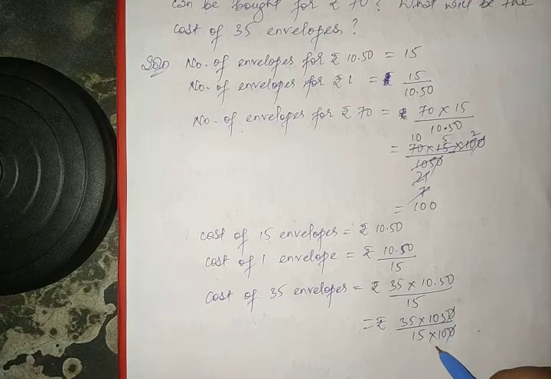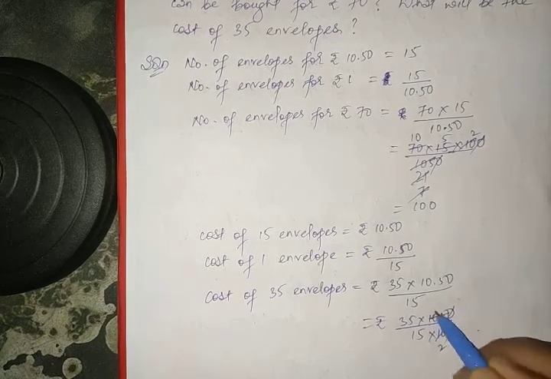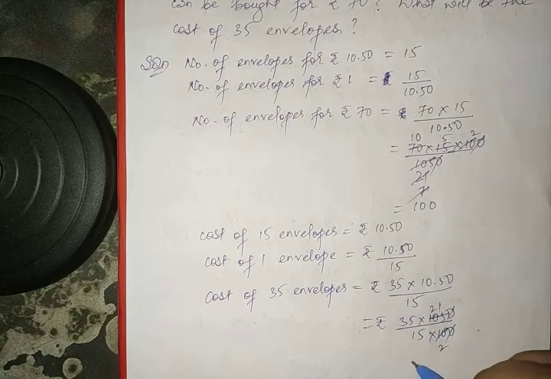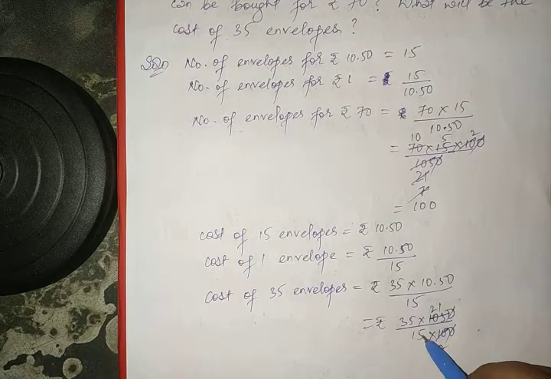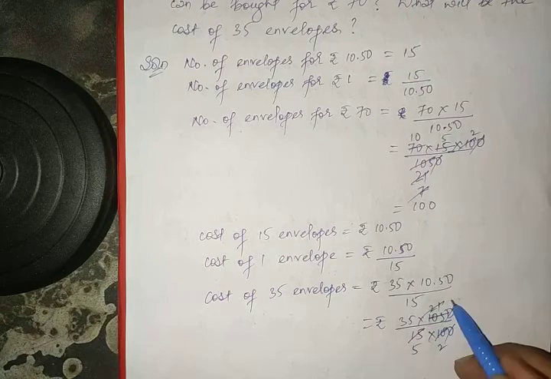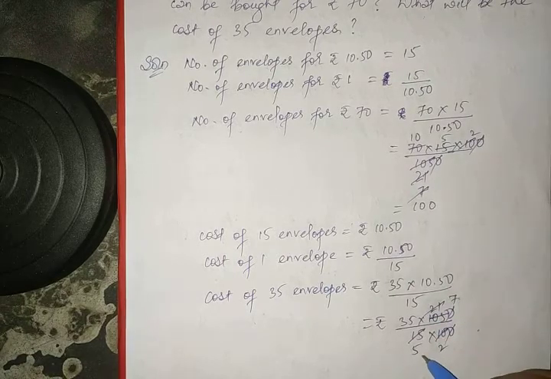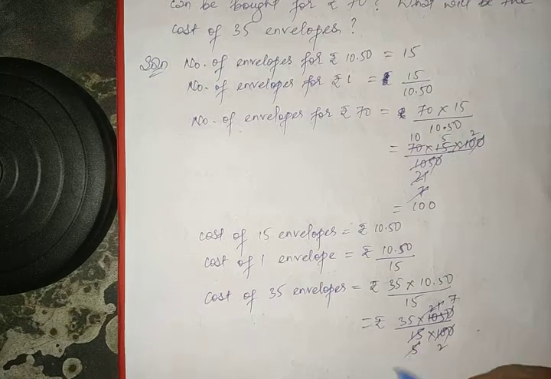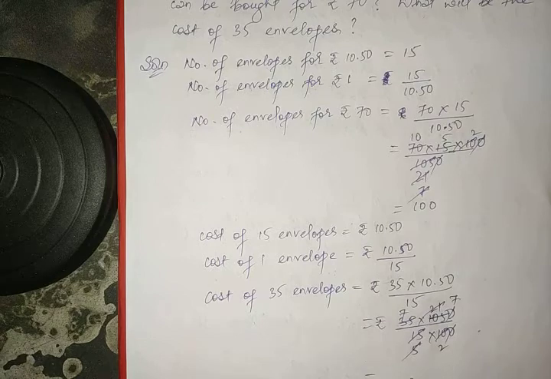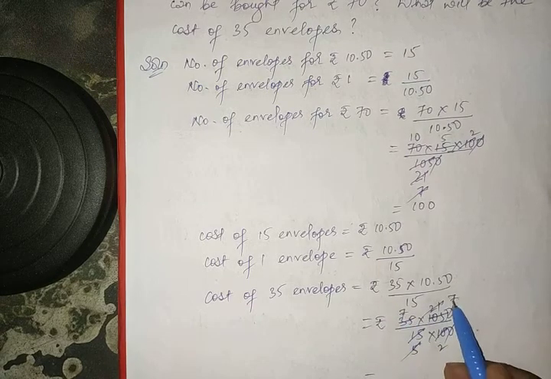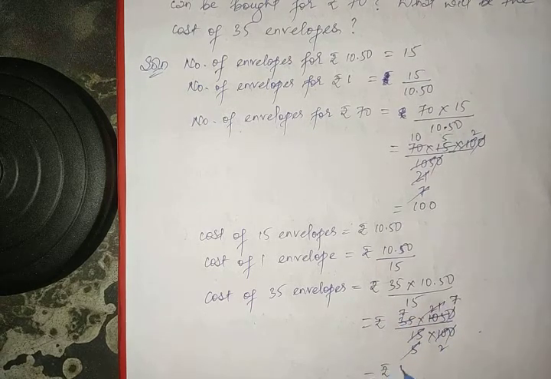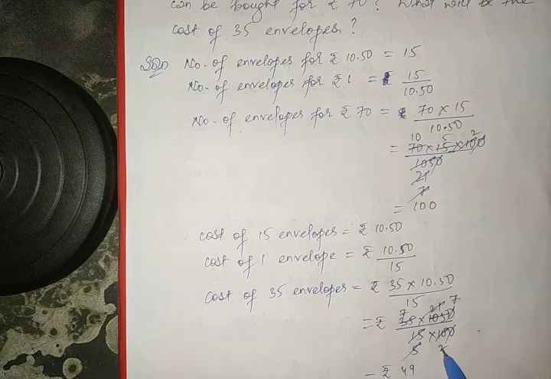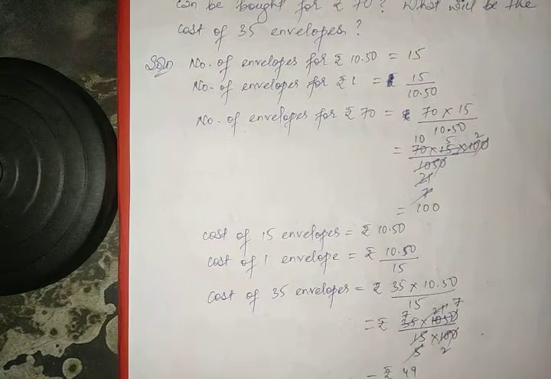Again we can cancel 0 0, then we can cancel with 5, 5 2s are 10, 5 2s are 10, 5 1s are 5. Then we can cancel with 3, right? 3 5s are 15, 3 7s are 21. Again we can cancel, 5 7s are 35, right? So what are we getting? We are getting 7 into 7, that is 49, and in the denominator we are getting 2, so 49 by 2.